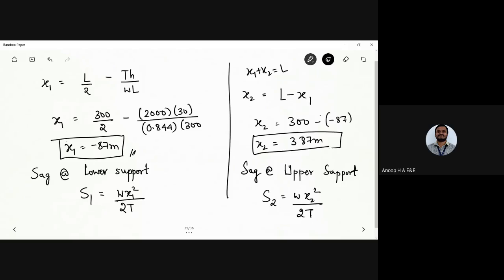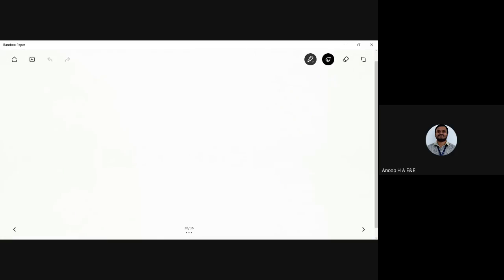Now, this is S1 and this is S2. What we have to find out is S1 and S2. For S1, we know the formula: W, 0.844, times minus 87 squared divided by 2 into 2000. What is S1? And similarly, what is S2?